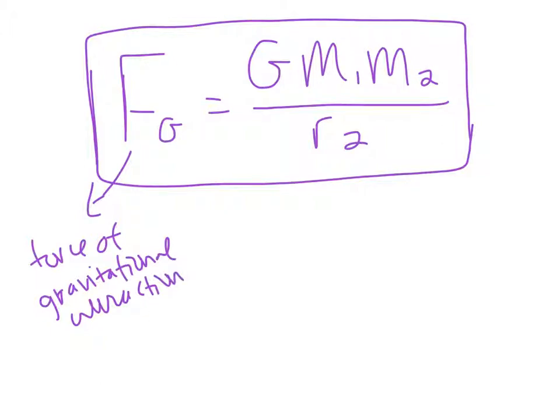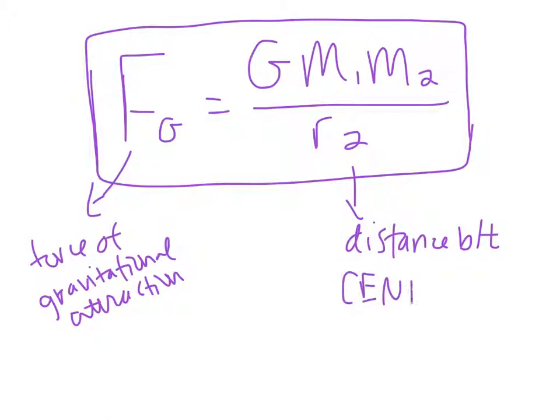And we do want to use the capital G for here. The radius is the distance between the centers. This is important. The centers of the two masses. M1 and M2 are your masses.